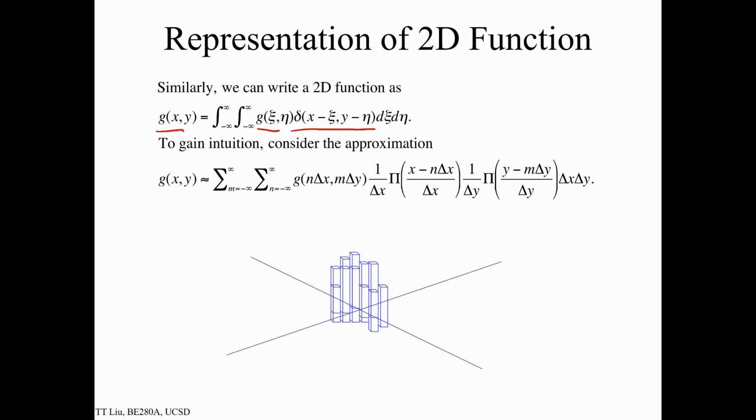And in the limit, as these become small, we're going to have these shifted 2D delta functions. And so any function can be represented as the summation, or actually the approximation is the summation, but in the limit it becomes integrals of all these 2D delta functions.